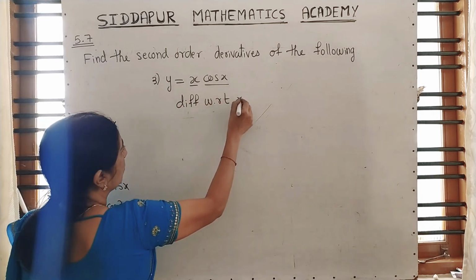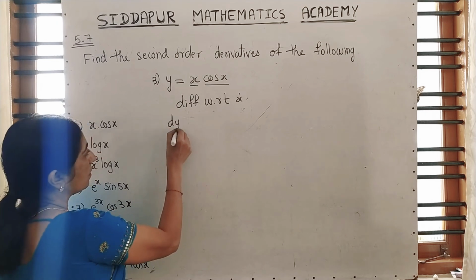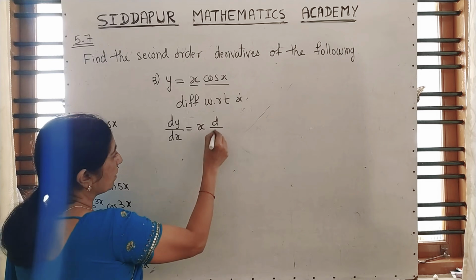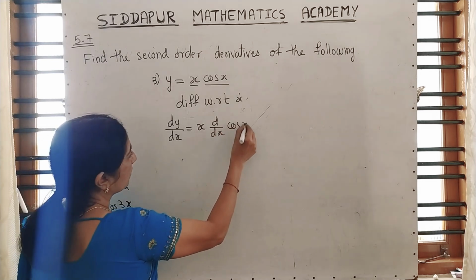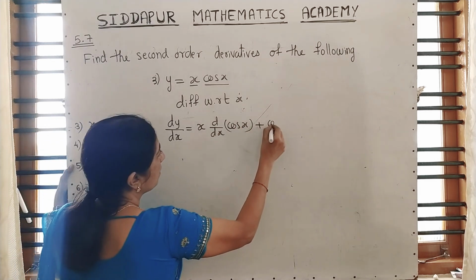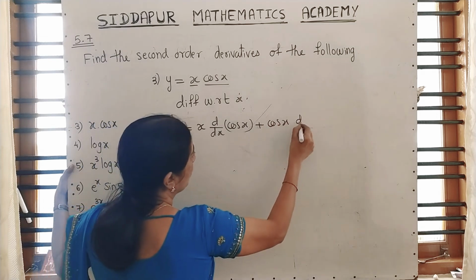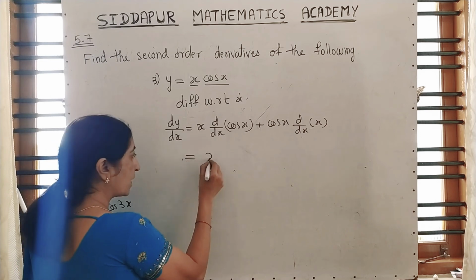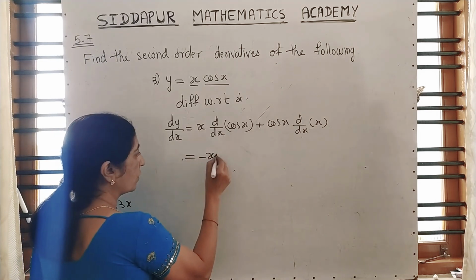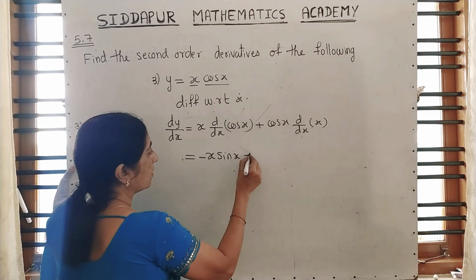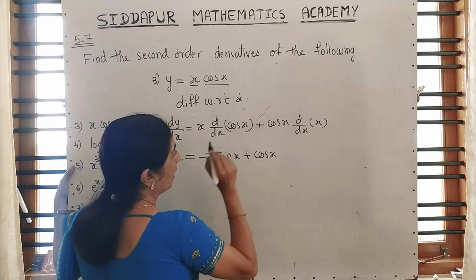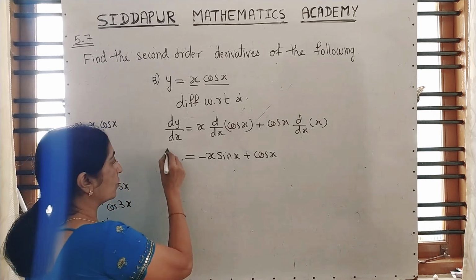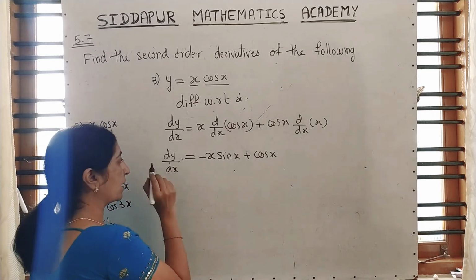Differentiating with respect to x, dy upon dx is equal to x into differentiation of cos x plus cos x into differentiation of x with respect to x. Keep x as it is. Differentiation of cos is minus sin x, plus cos x as it is. Differentiation of x with respect to x is 1. So this is dy upon dx.